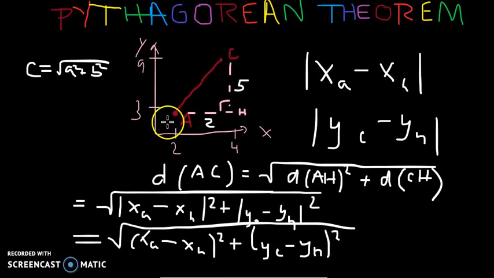And really, if we're going to find the distance between A and C, we don't want that H because it's not really included in the distance between A and C. We just made that up so we can come up with a formula. But we can say that the Y of A equals the Y of H because we just want A and C. Right? The Y of A equals the Y of H. They lie on the same plane.